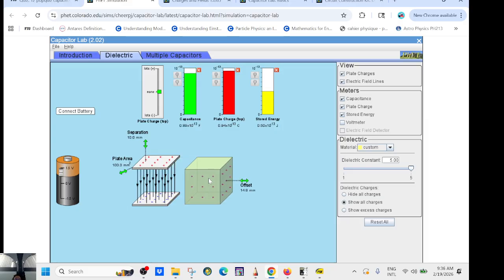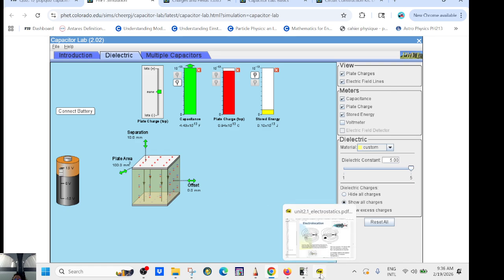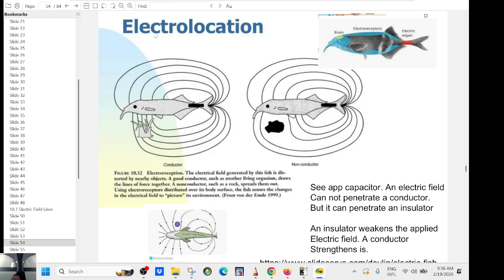So if you already have an electric field, and you have an insulator inside the electric field, now the net electric field will be weaker. That's in the pop quiz, but it connects to electrolocation, right? If you have already an electric field and you shove here an insulator, which is like a dielectric, you're going to have some polarization happening.